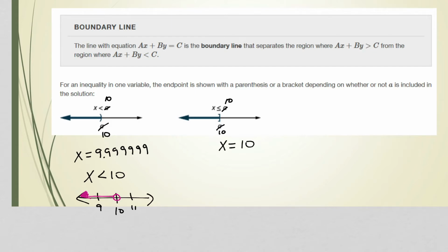Remember the open circle and the closed circles? And for this one over here, it would be a closed circle, or a filled in circle, however you want to say that. The bracket and the closed or filled in circle are the same thing, and the parenthesis and the open circle are the same thing. It just depends on what textbook you're looking at.